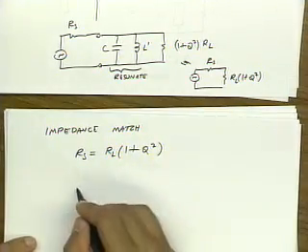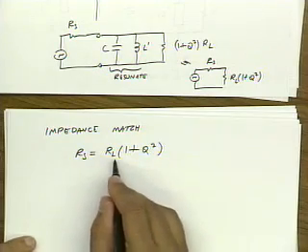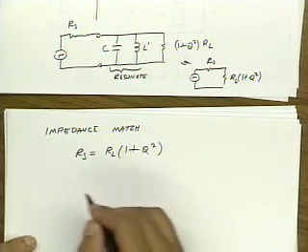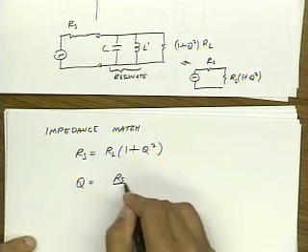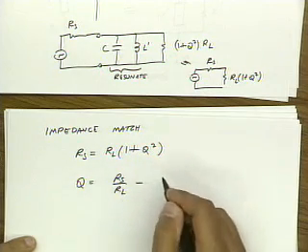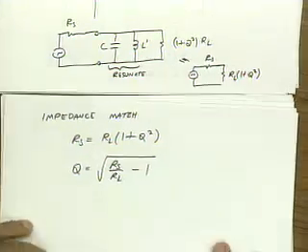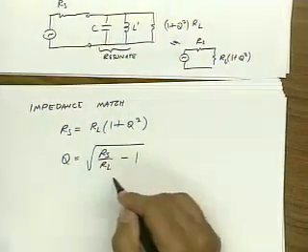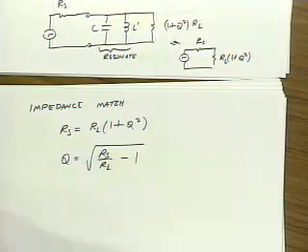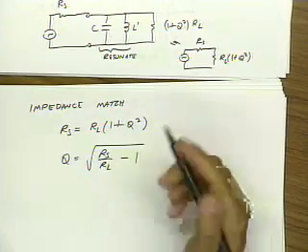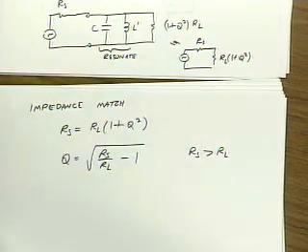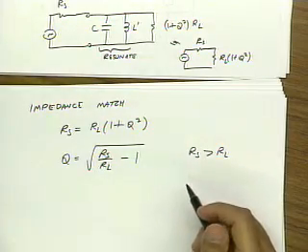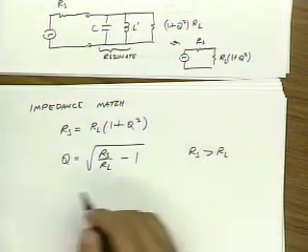If I solve this equation, remember RS and RL are usually given, I can solve for Q as the square root of RS over RL minus 1. And because Q has to be positive, that means RS has to be bigger than RL. So this circuit will transform a low impedance to a high impedance.